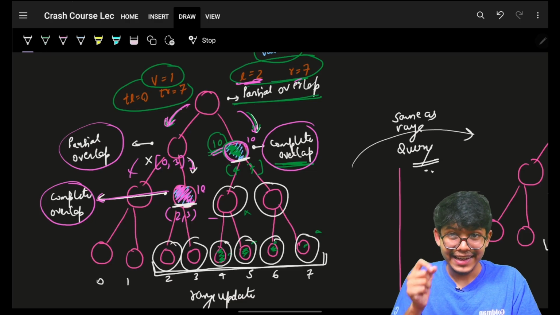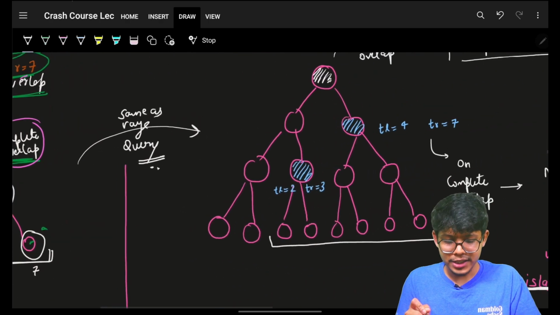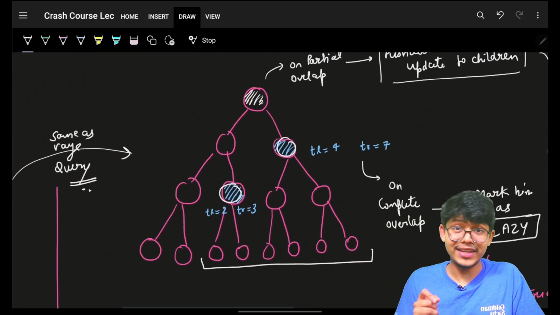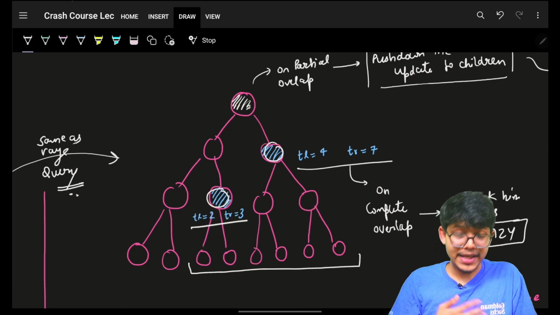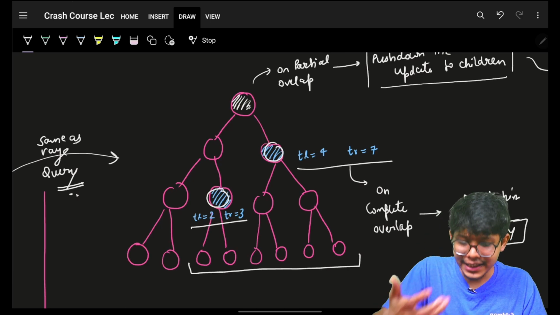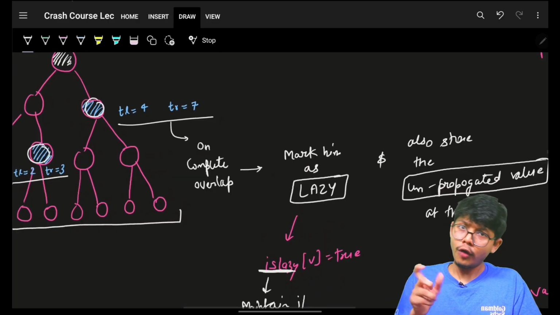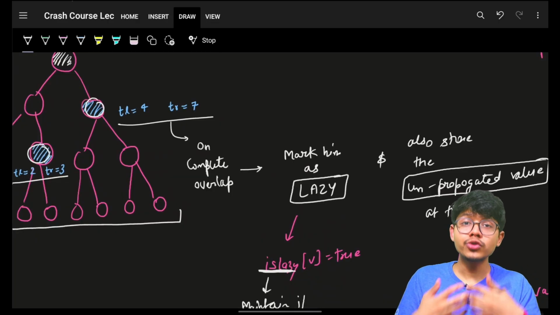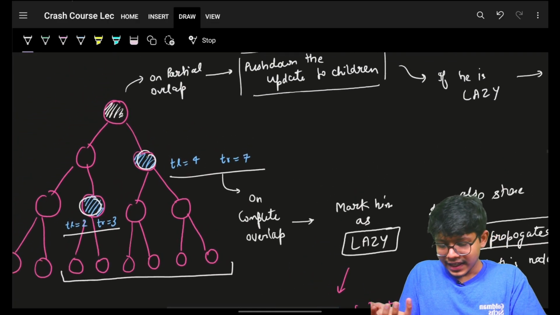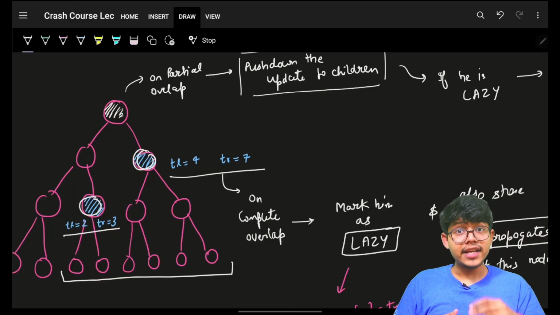So that helps us simply store those lazy values at these nodes, and thus solve the update query in O(log n) time. But what's the use of it? The use is simple. Our range update is done.